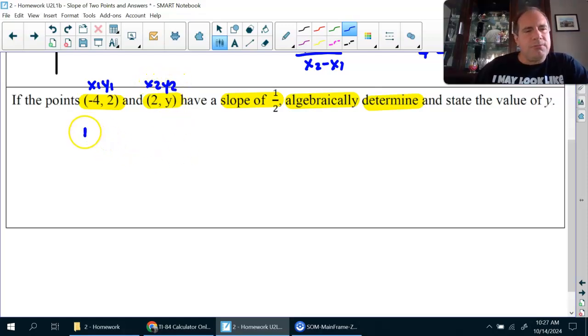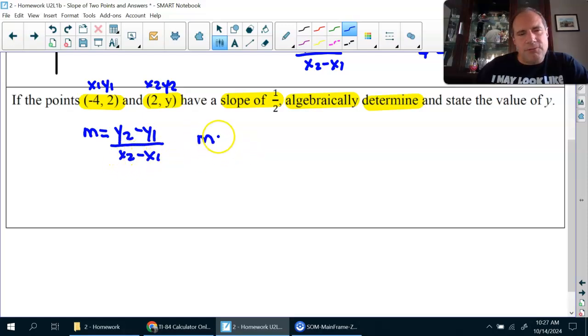All right, so we have m equals y2 minus y1 over x2 minus x1. So then I'm just going to put m equals, and then I'm just going to put those numbers in. So the y2 is going to stay y2 because I don't have a y2. That's the one that's missing.